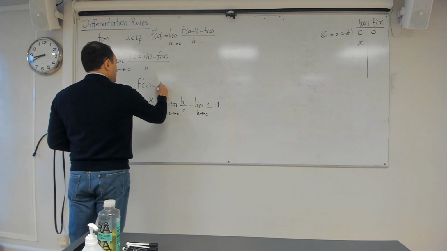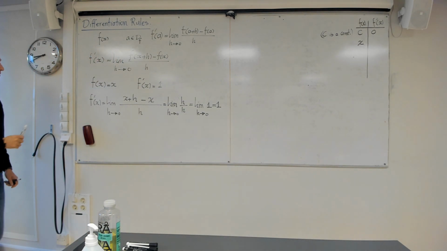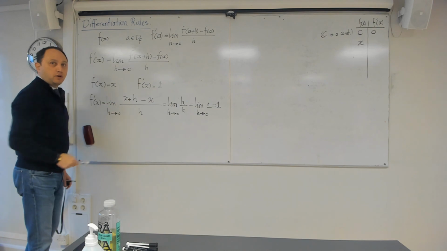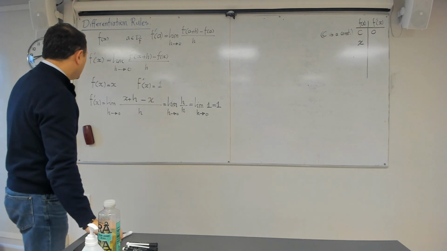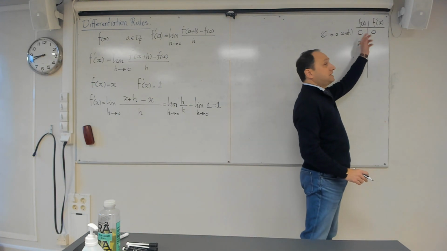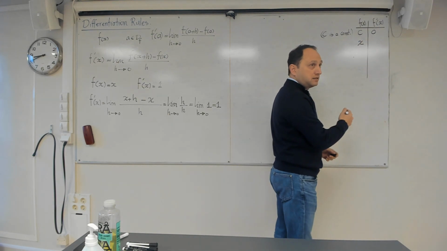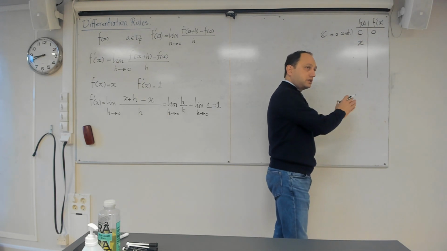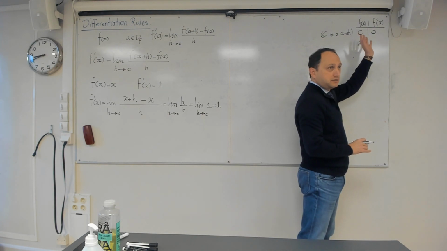So the derivative of x is simply 1, yes? Why didn't you write c minus c? No, this is not c, because in the previous case where I wrote c minus c, my function was f of x equal to c. That's a different function. If you want, I can repeat that, but we finalized that in the previous session.